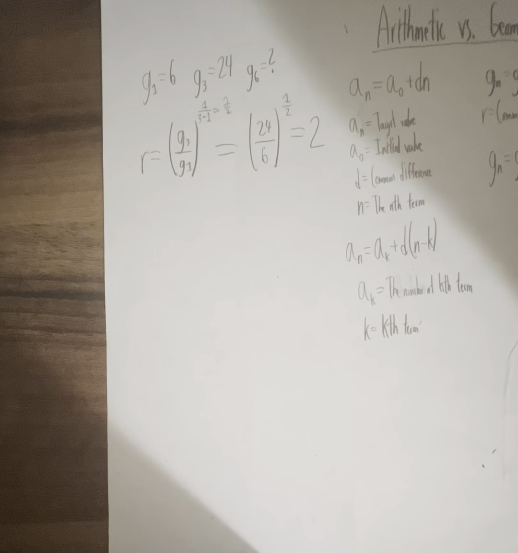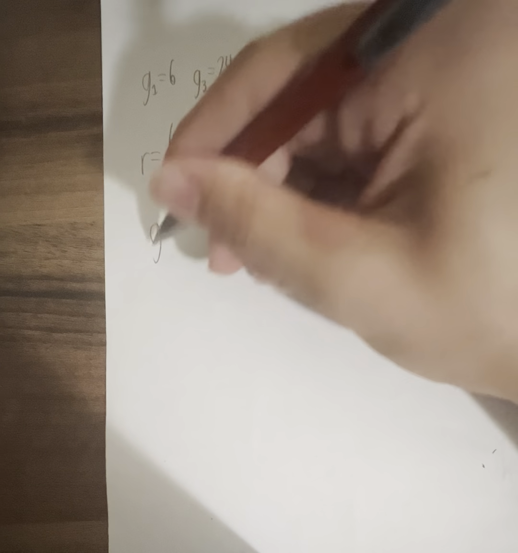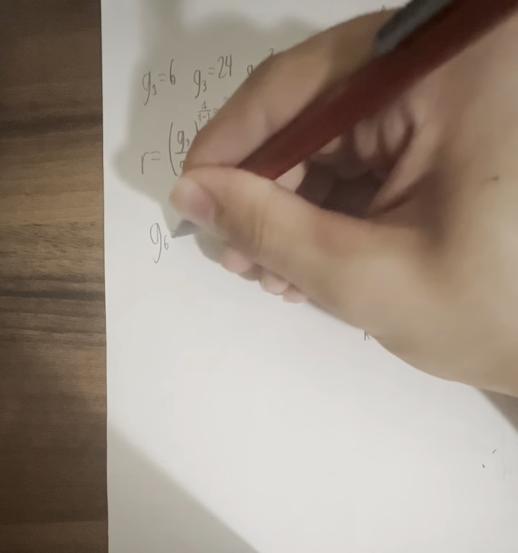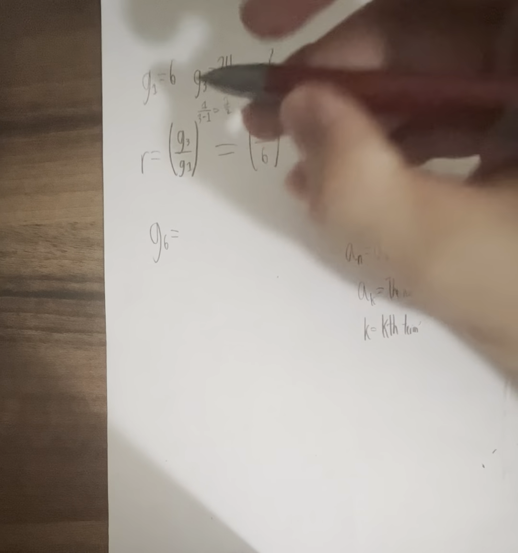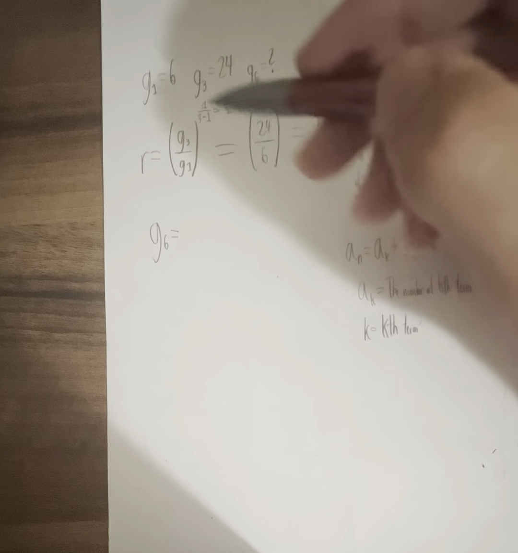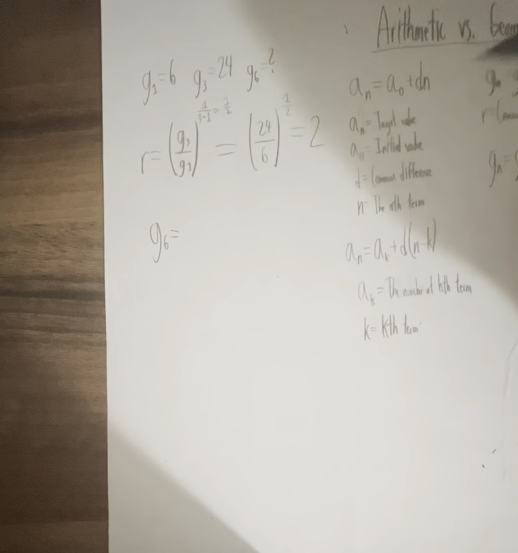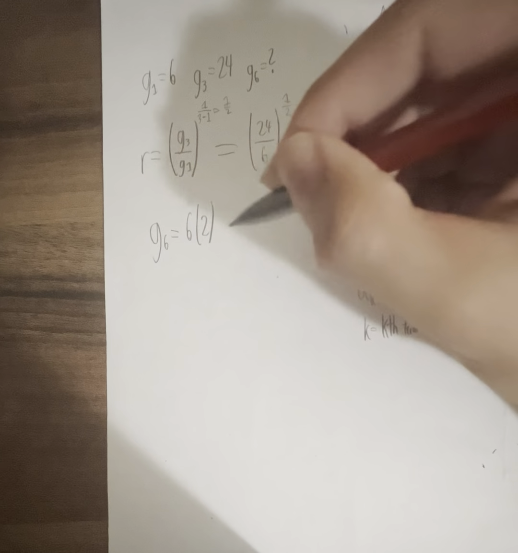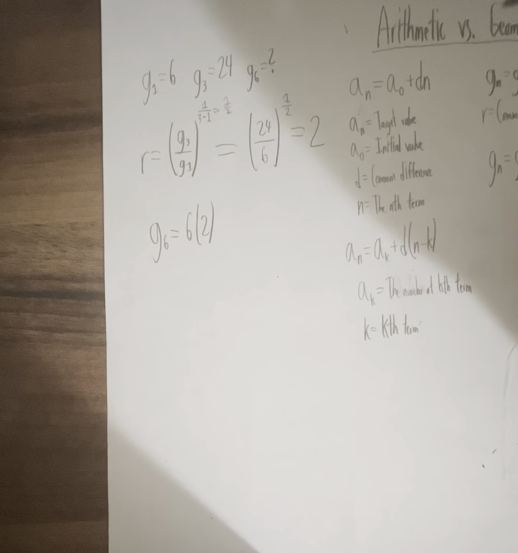Okay, so now what we have to do is find out g of n, and g of n is g of 6, because that's what we're trying to solve for. So what we do, just pick whatever one. I would honestly pick the smaller value to represent g of k. So 6 times 2 to the power of n minus k.